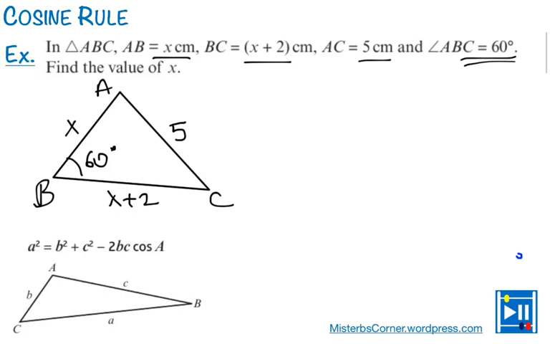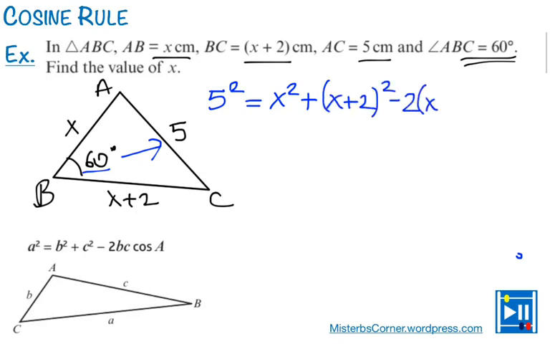Now you can suspect that there will be a quadratic equation in this, which you're right. First of all, let's find the side across the angle given. It's 5, so it's going to be 5 squared equals x squared plus x plus 2 squared minus 2 times x plus 2 times cosine 60 degrees. Right? So if you start calculating this, it's going to take really long.